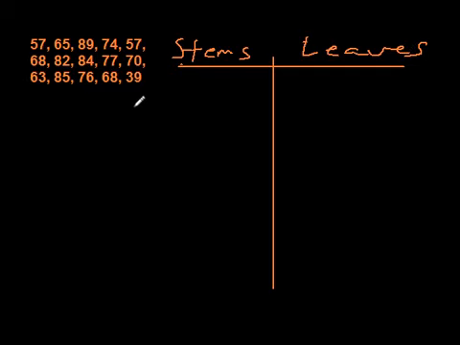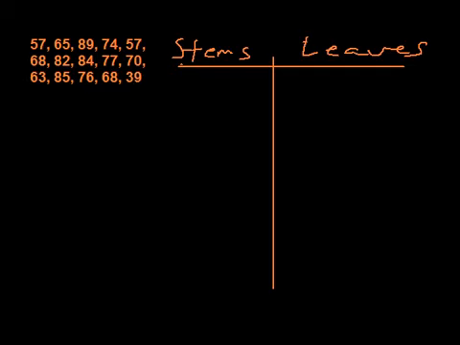Now the first thing I have to do is look at my numbers and ask, what kind of numbers am I dealing with? I see I don't have 20s, but I have 30s and 40s and 60s and 80s. I'm dealing with a lot of tens value numbers.